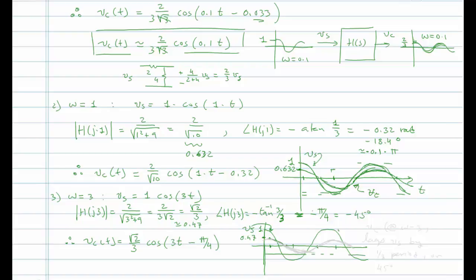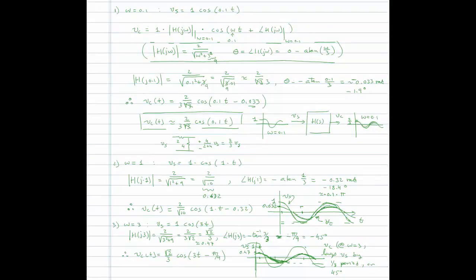It'll come down here, it'll hit the peak, and it's going to hit the 0 here. So Vc, at omega equal to 3, lags Vs by 1/8 of a period, because there's 2 pi in a period. It's lagging by 45 degrees.